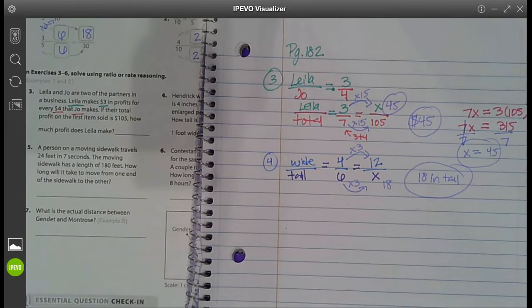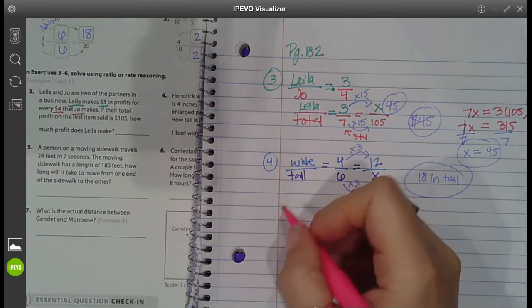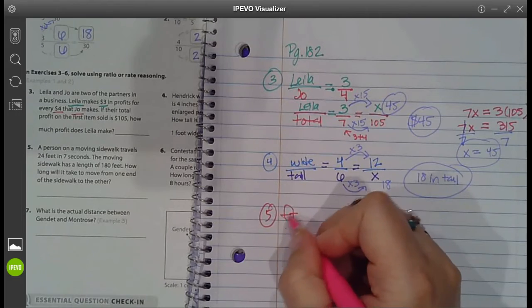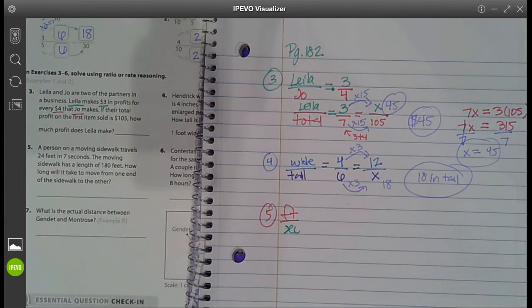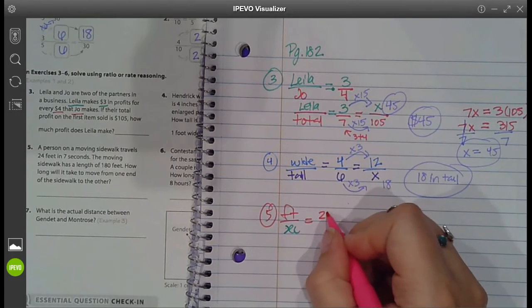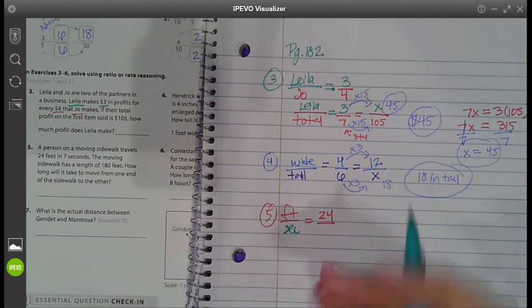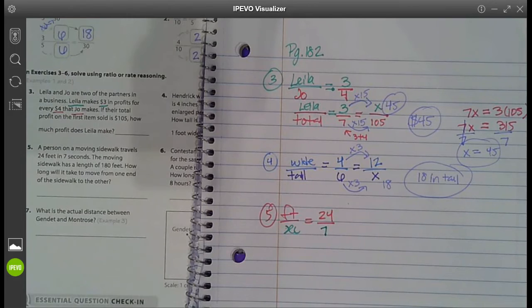it and come back. Okay, number 5 says, a person on a moving sidewalk travels 24 feet in 7 seconds. So we're talking about feet per second. And 24 goes together, so you have 24 feet for every 7 seconds.